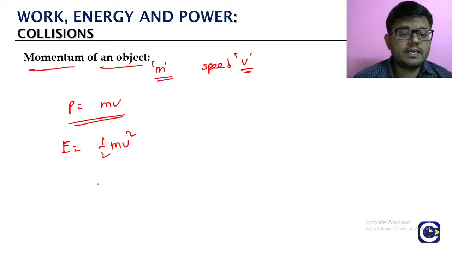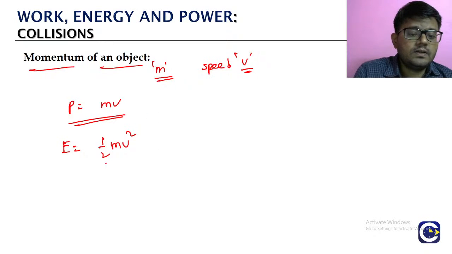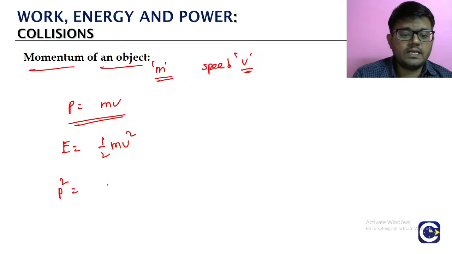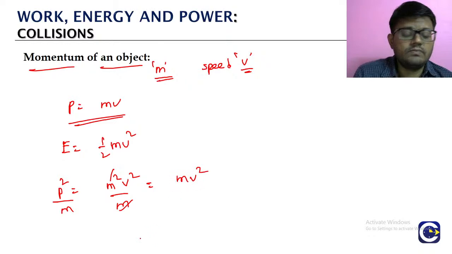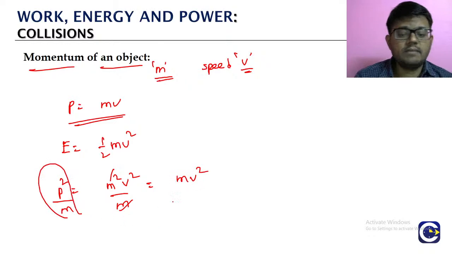If you square the momentum, you get p square equals m square v square. Divide this by m, and one m cancels, so p square by m equals m v square.